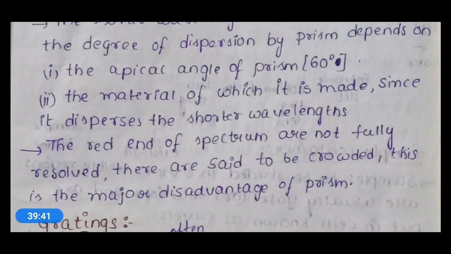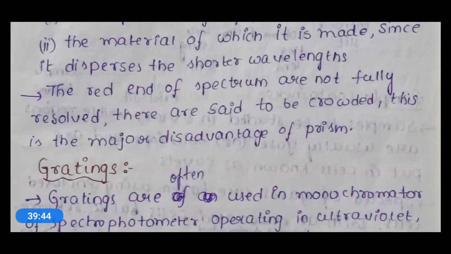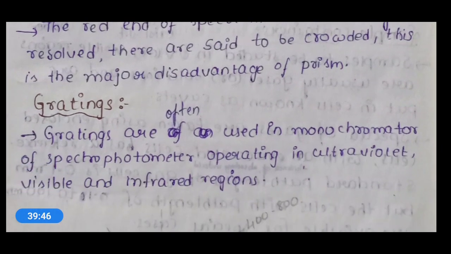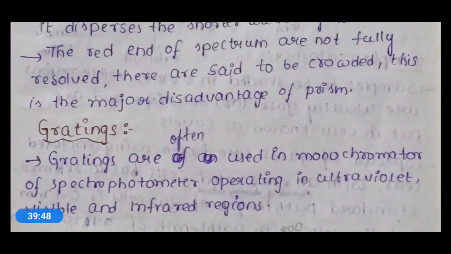Okay, and the next one is gratings. So you may get a doubt, what is a grating? As you know, a prism is in a triangle shape, and you have an idea how light will be dispersed.